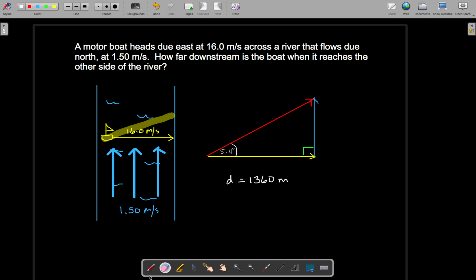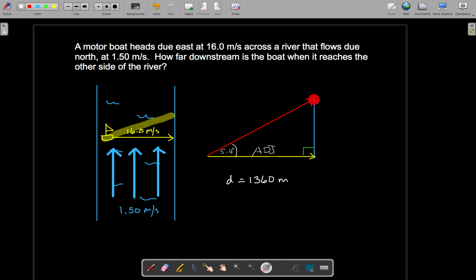So all we know is the angle at which the boat was veered off, and we found that by looking at the velocities, and that angle is going to be the same angle for our distance components. And all we know so far is the adjacent side of the triangle. What we're looking for is the distance from where it landed to where it was supposed to land.